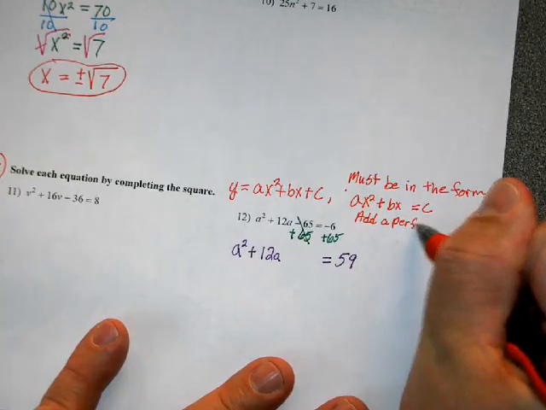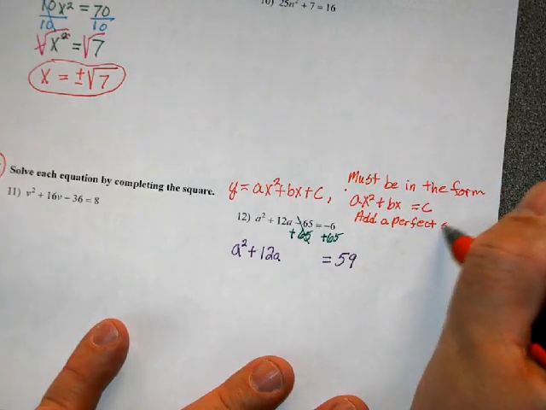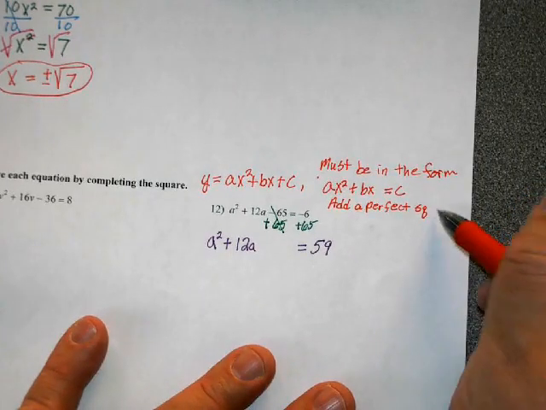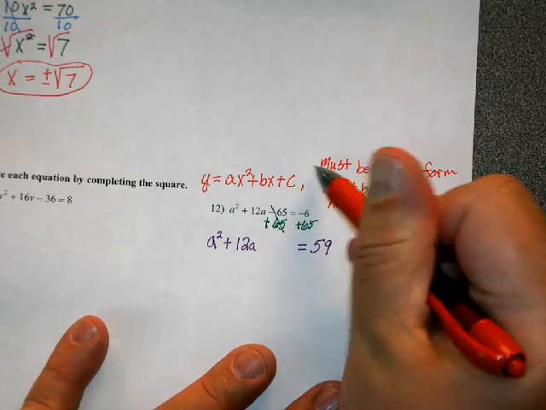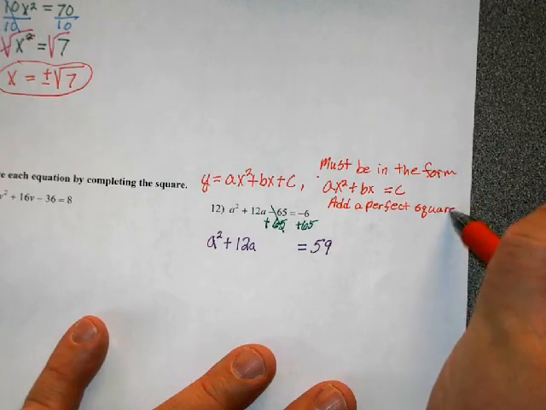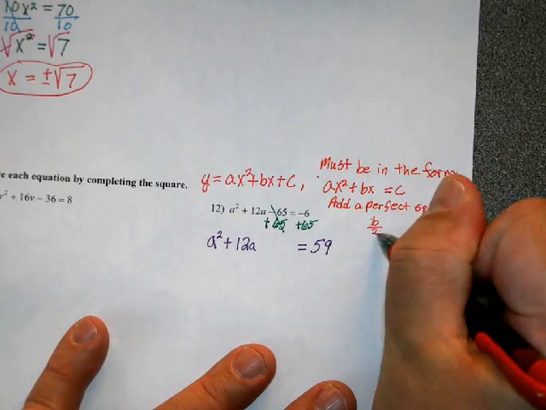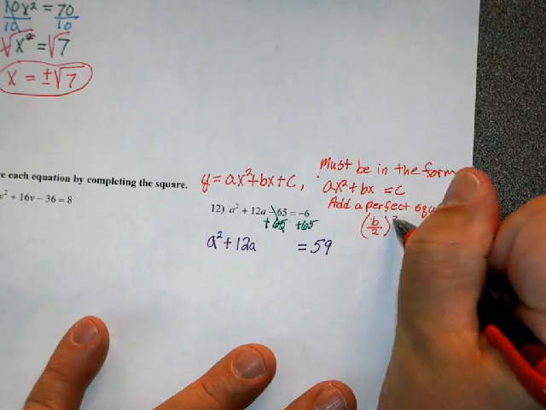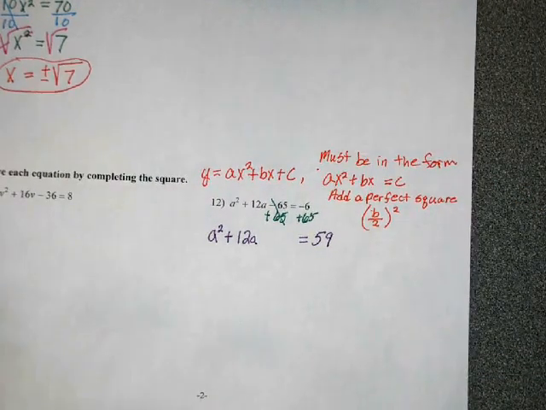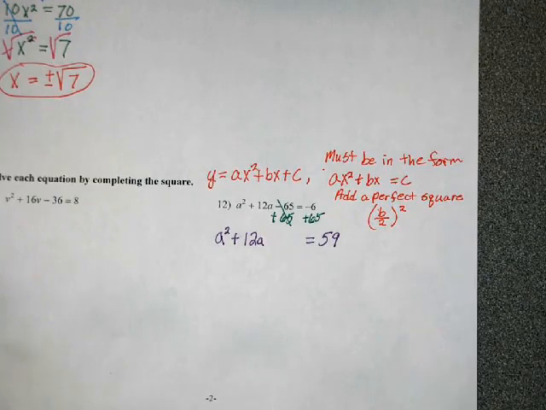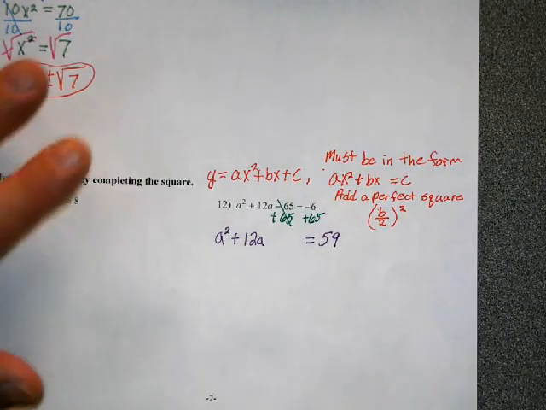And the way I find that perfect square is I take my b, I divide it by 2, and then I square it. So I'm going to take my b, which is 12. Now I'm going to be adding this to each side, right?